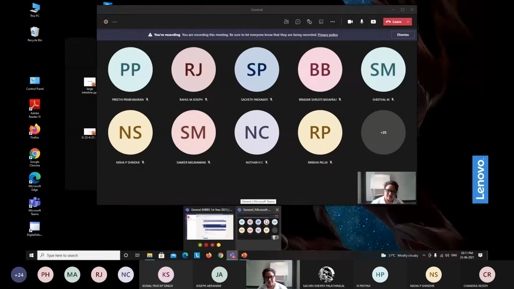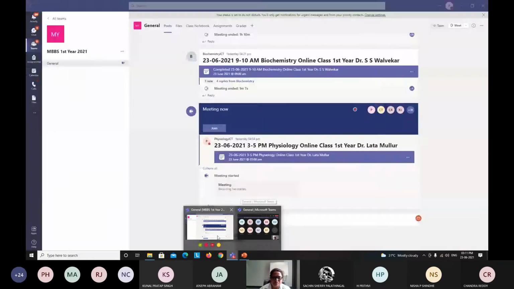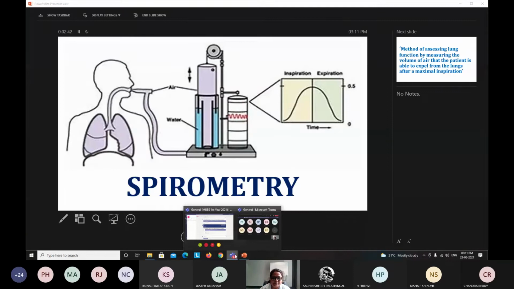The procedure which includes measurement of certain things is termed graphy or metry. The instrument which is required to measure is called a meter or graph. And the ultimate result of these procedures is called a gram or graph. These terminologies need to be remembered when you are going through the human experiments.